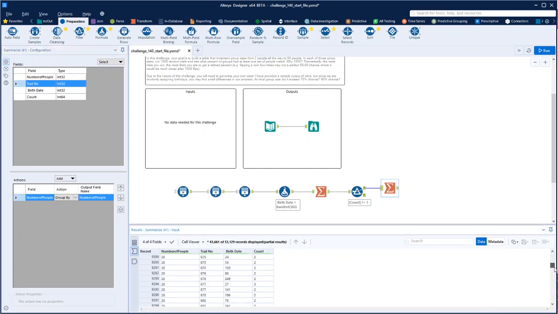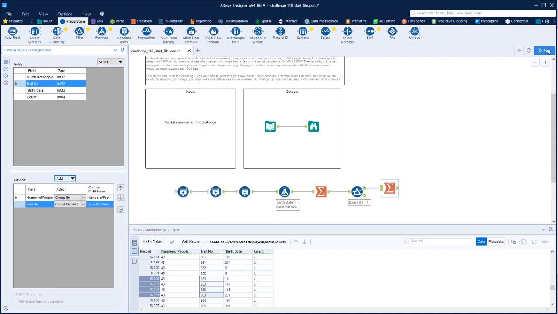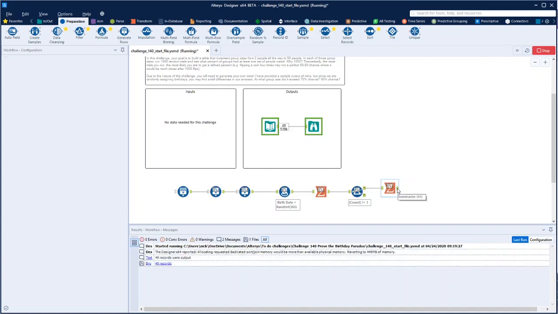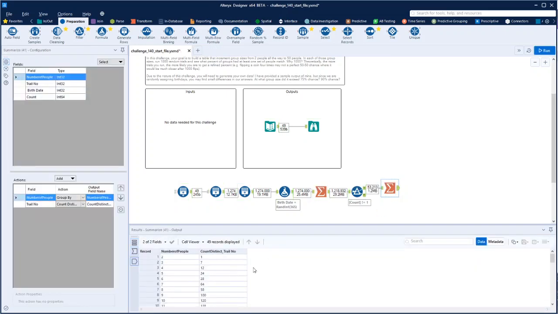If we look down here, yeah, it's distinct count of the trial number. So we do count distinct. That shouldn't take us over 1,000 in the trial. Let's have a look. Yeah, that's right.